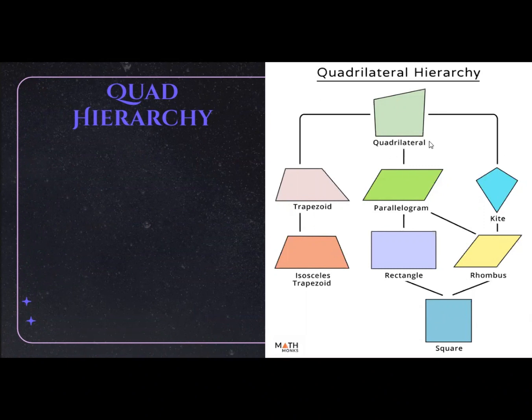At the very top, of course, we have the quadrilateral, which is any shape with four sides. Then we go into three types: trapezoid, parallelogram, and kite. Each of those has its own types, as you can see here. We're going to go through pretty much all of these today. This graphic is mainly to show the most common types of quadrilaterals and how we categorize them. As you can see, all of these that are linked by a line are related.